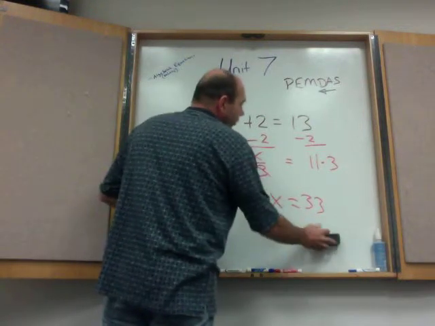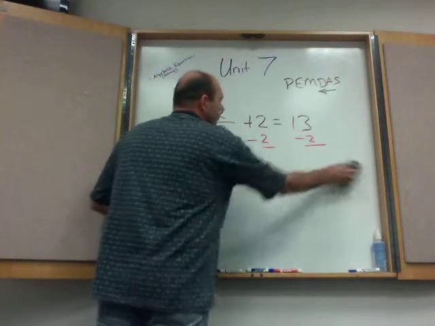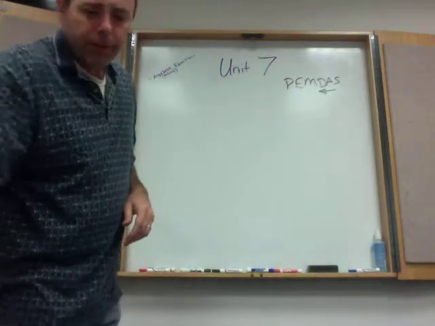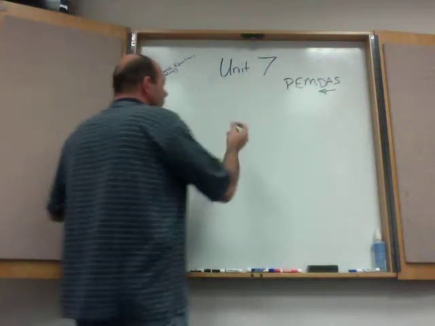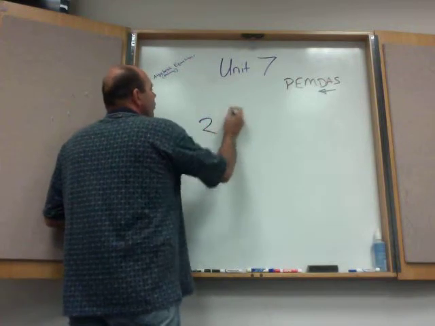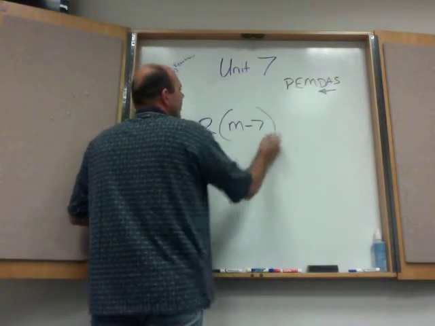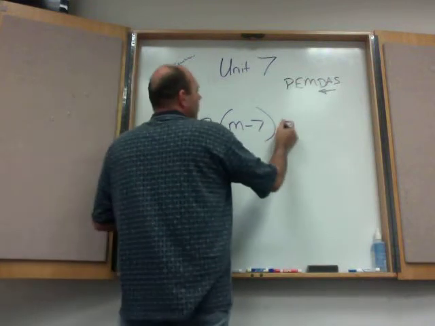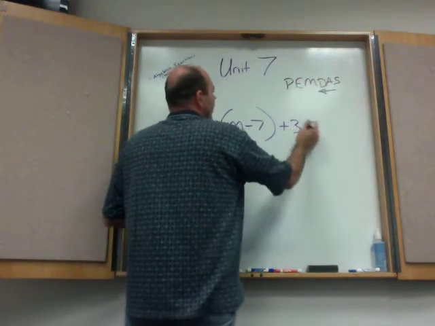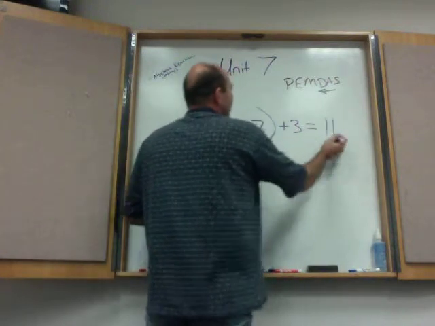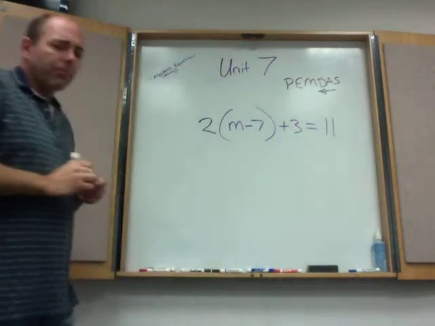Let's do one more that's more complex. And if I have 2 times m minus 7 plus 3, let's see, equals 11. Okay?